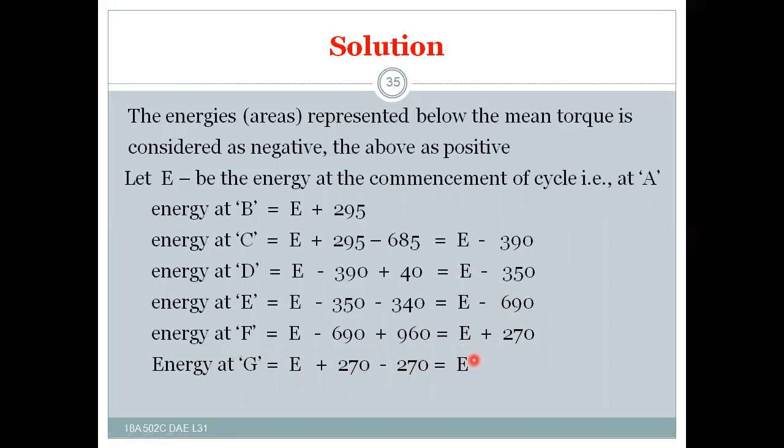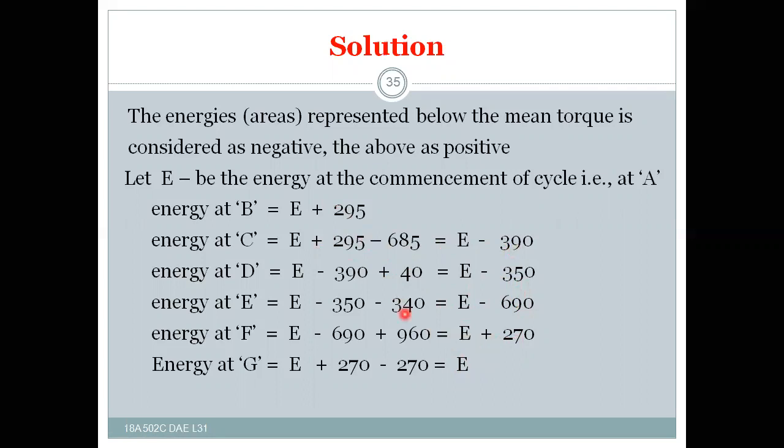Right? So observing the various energies at various points, energy at A is equal to E, energy at B is equal to E plus 295, energy at C is equal to E minus 390, energy at D is equal to E minus 350, energy at E is equal to E minus 690, and energy at F is equal to E plus 270, and energy at G is equal to once again E. If you observe this distribution, energy at a certain point will be more and energy at a certain point will be minimum.